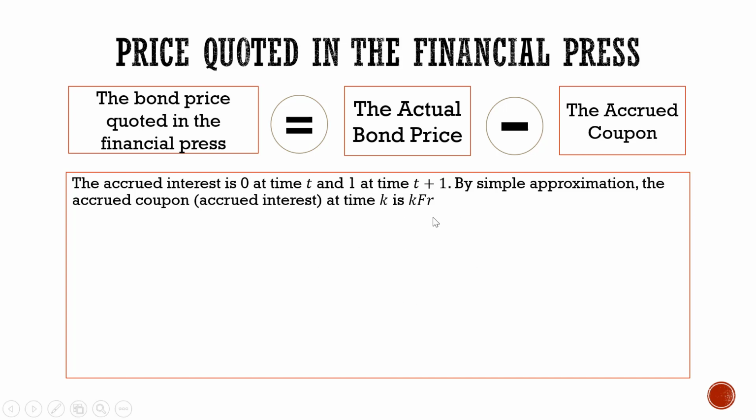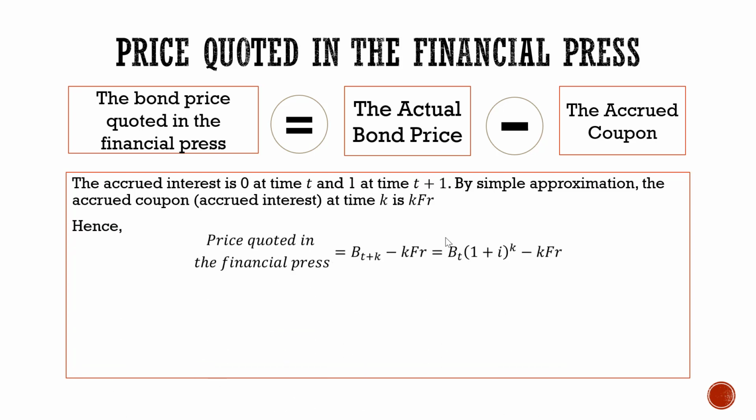So in the second method, the price quoted in the financial press, the coupon is not the whole coupon, but just a fraction, a portion of the coupon. So the price quoted in the financial press is Bt+k minus k times the coupon. Or you have Bt times (1 plus i) to the k minus k times Fr.